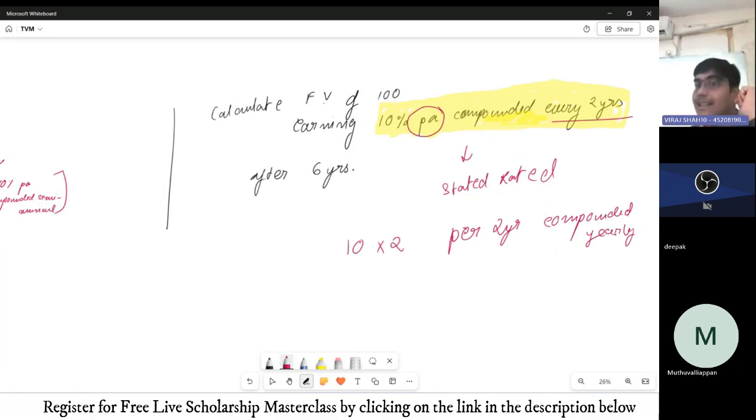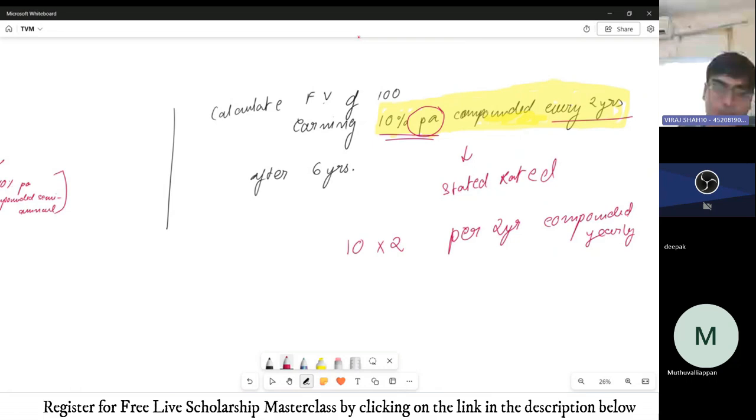They are saying the 10% is for 1 year, but it will get compounded every 2 years. ठीक है? जैसे if I write 12% per annum compounded monthly, what does this mean? This means 1% per month.